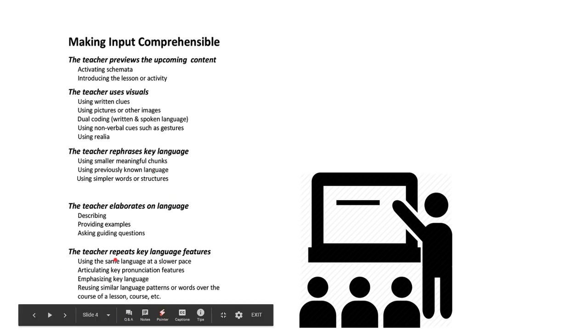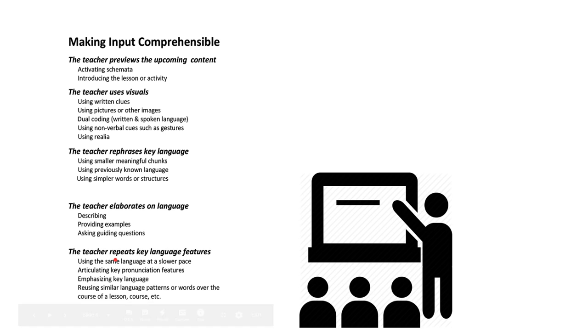The teacher elaborates on language. This is an MIC technique that I would warn SMU students about. Elaborating is important. We need to let them know more details and more information to help them understand, but be very careful with elaborating, because if you provide too many examples, if you say too much, then you can overload them with your teacher talk, and while you're trying to help them, you might confuse them even more.